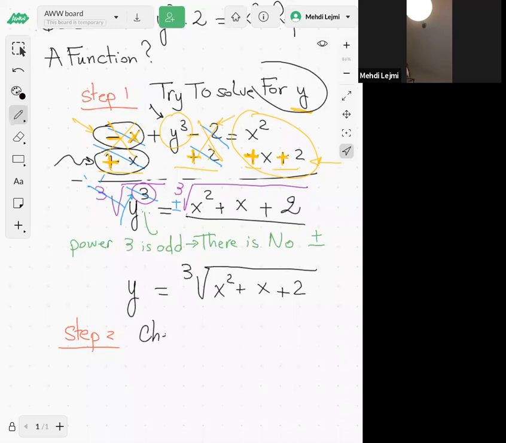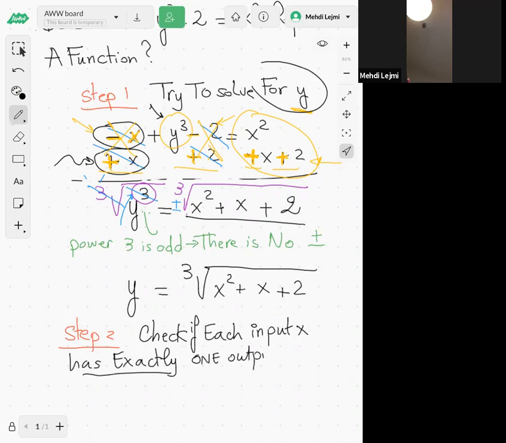So in this second step, we have to check if each input x has exactly one output y. Well, you can take a couple of values.